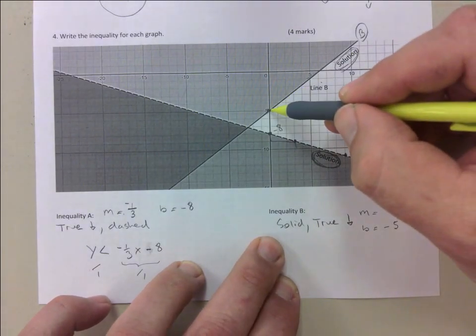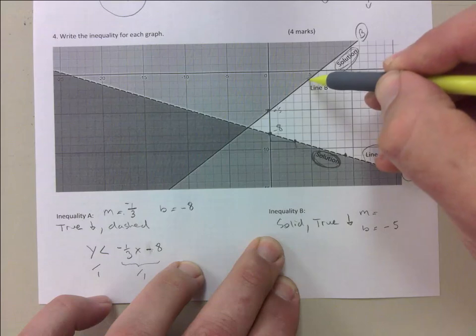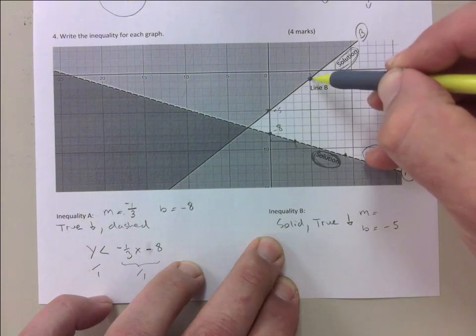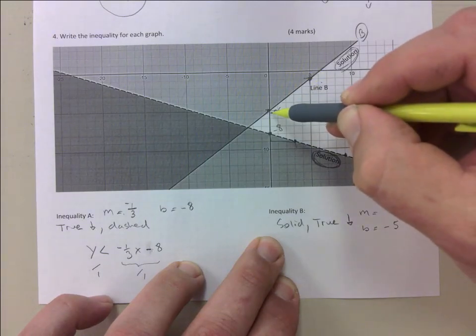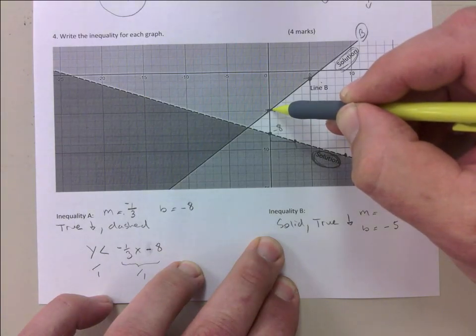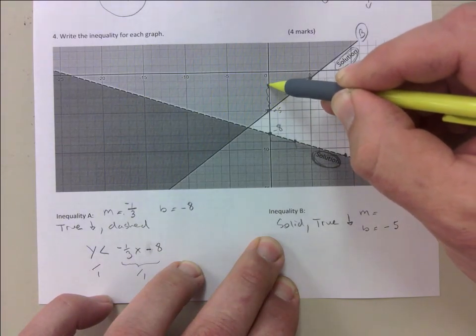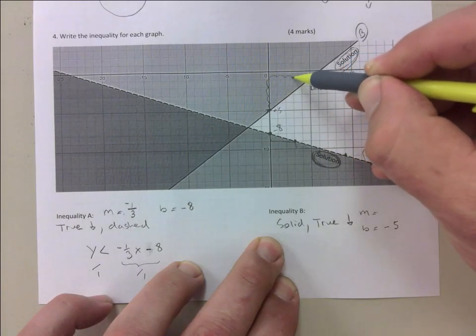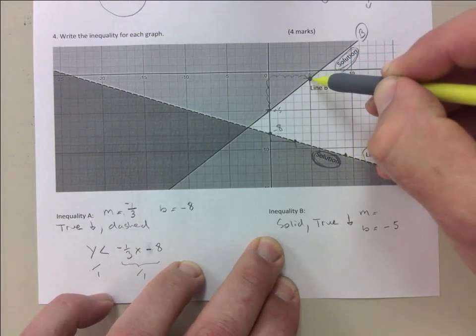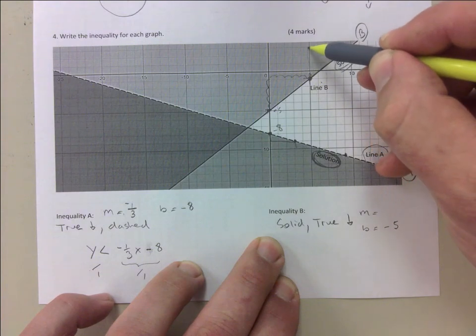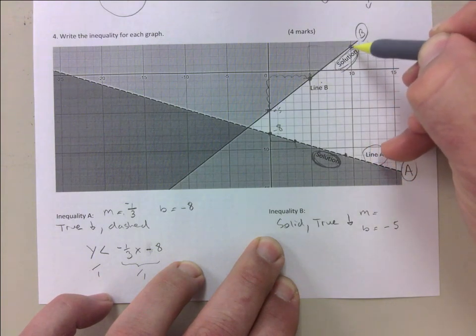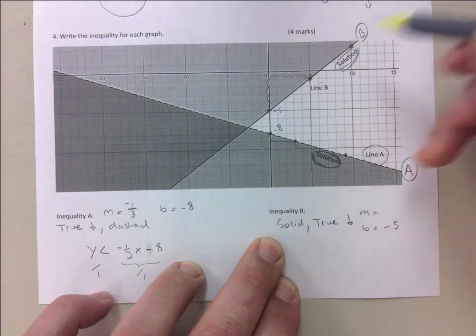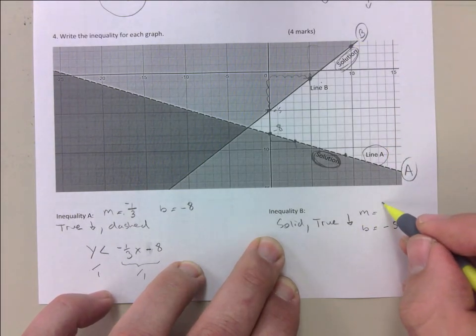Slope, I'm going to scan, and it seems like it crosses perfectly at the corner, right? So let's see here. 1, 2, 3, 4. 1, 2, 3, 4, 5. I'm going to do it one more time. 4 up, 5 over, and I land perfectly on a corner again. So this one is 4, 5.